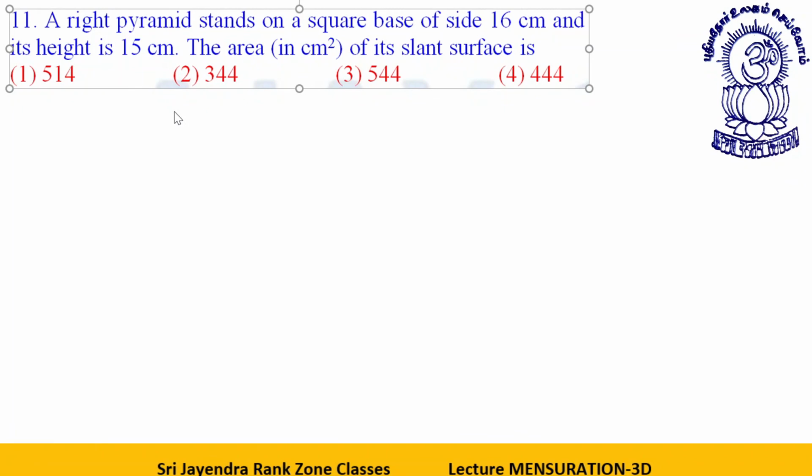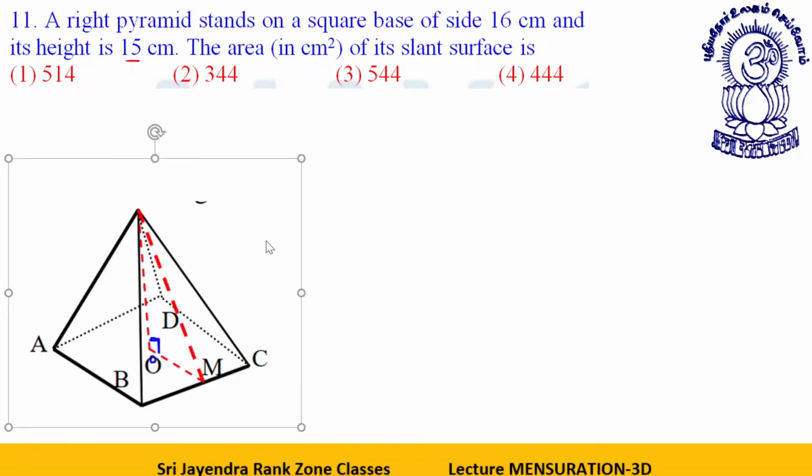The area of its slant surface is, this is the last question for this class. We'll draw a similar figure. This is the diagram. The square base has side 16.